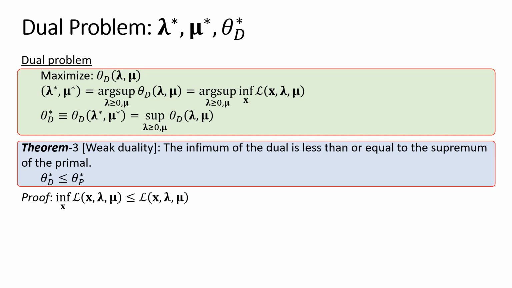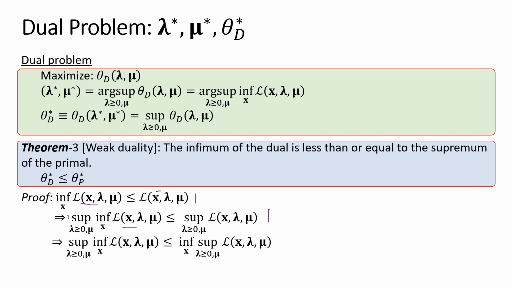The infimum with respect to x of the Lagrangian is less than or equal to the Lagrangian for any arbitrary value of x, obviously. Now we apply the supremum on both sides. So on the left side, we have the supremum with respect to lambda greater than or equal to 0 and mu of the infimum with respect to x of the Lagrangian, which is less than or equal to the supremum of the Lagrangian.